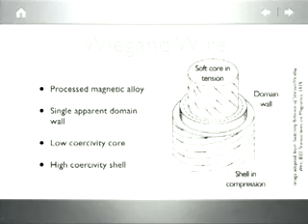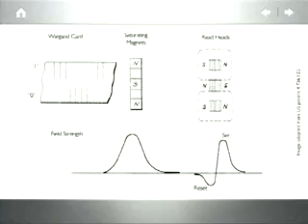It has a soft, low coercivity core that's easy to polarize, and a high coercivity shell that's not easy to polarize. When you change the polarization of the core from the opposite direction of the shell to the same direction as the shell, you get a nice big pulse in your sense coil.